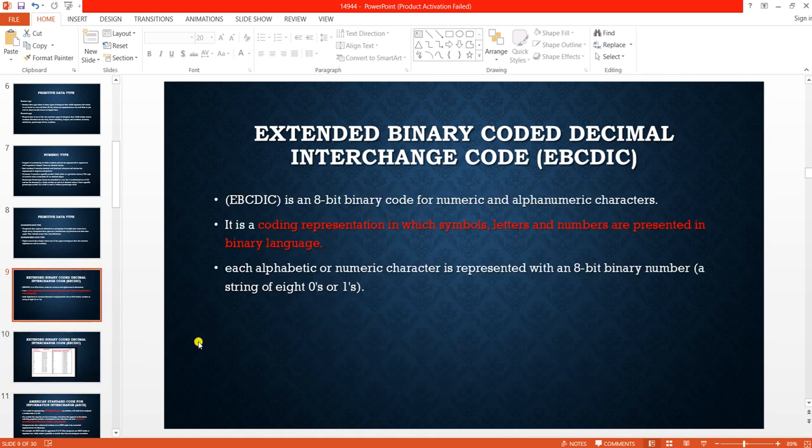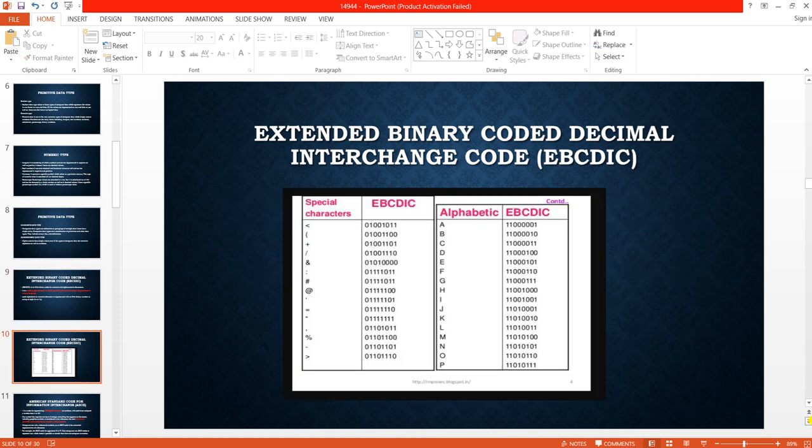And also, line 2: it is a coding representation in symbols, letters, and numbers, presented in a binary language, as I've explained. Each alphabetic or numeric character is represented with an 8-bit binary number, as shown on this slide.